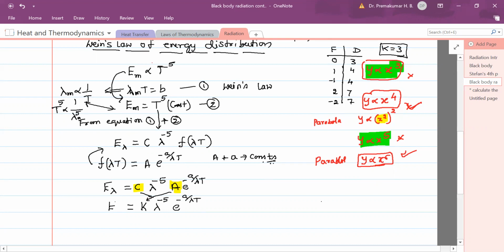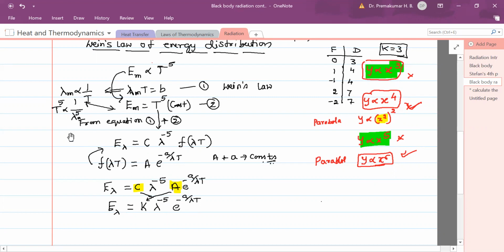So this is the expression you got by considering all the parameters to explain this curve. The energy power at this wavelength is given by some constant times lambda to the power of minus 5. See here, the emissive power is a function of wavelength as well as temperature.